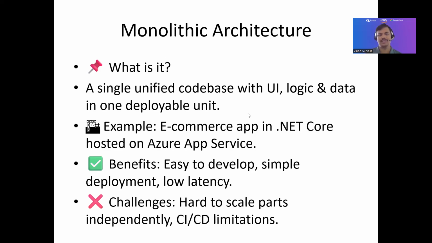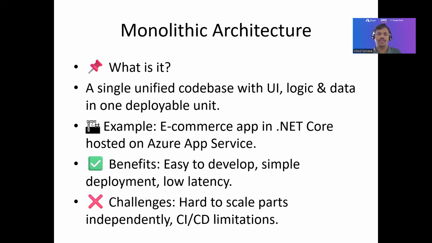What is it? It's a single unified code base with UI, logic, and data in one deployable unit. What that means is everything is packaged together and pushed through a particular server or space where we want to deploy.